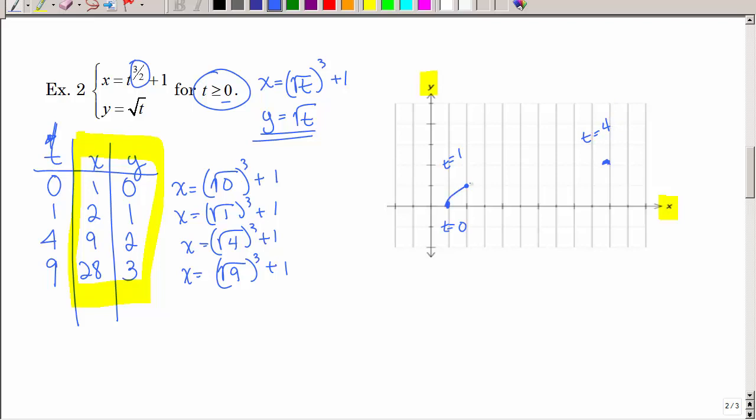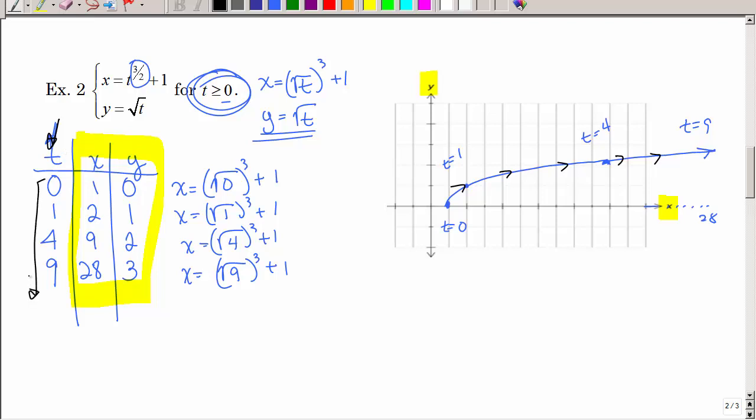So we've progressed in this progression, and then if I go way out here, dot, dot, dot, up to 28, it's going to get a little bit up to 3, but it's going to keep going. It's going to keep going because t keeps going. So I want to indicate the orientation by saying, yes, it went in that direction. When you're picking your t values, you always want to go from small to big.